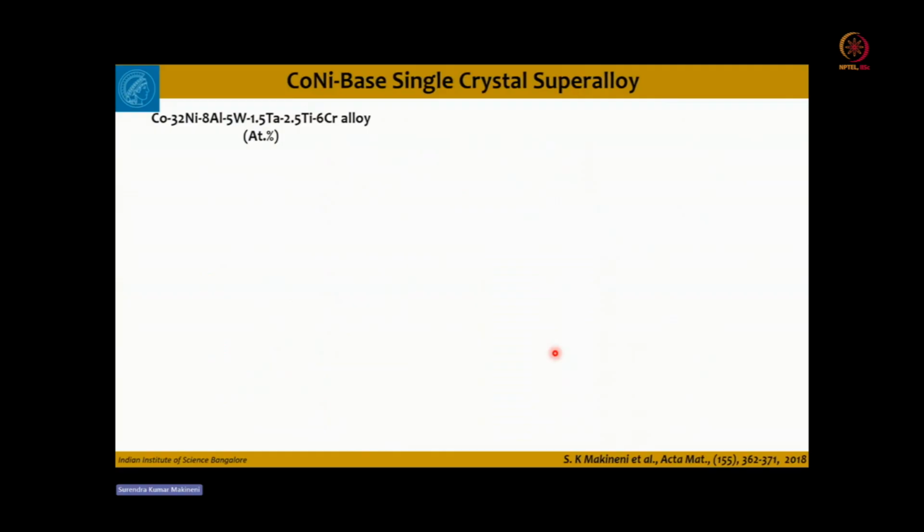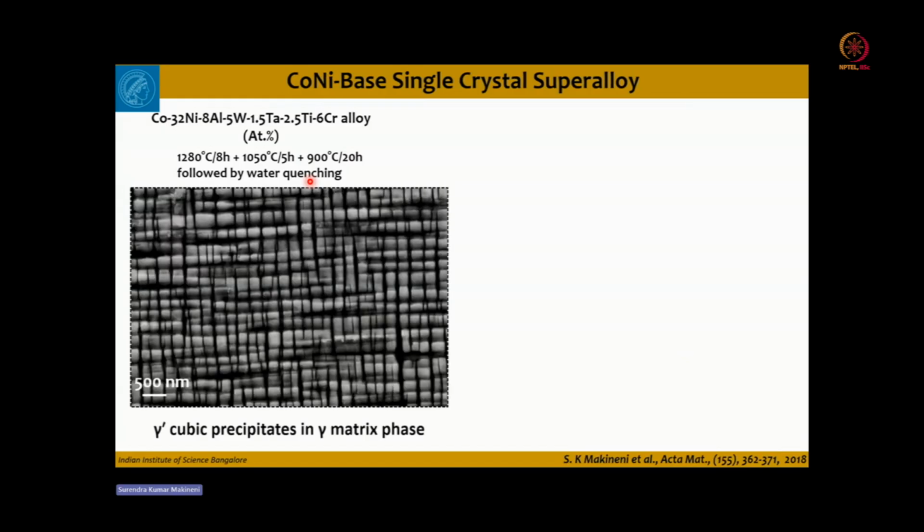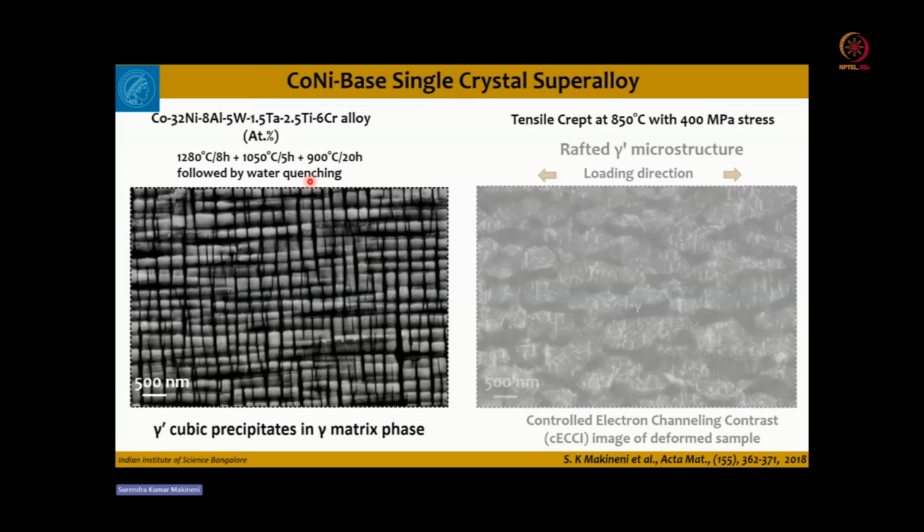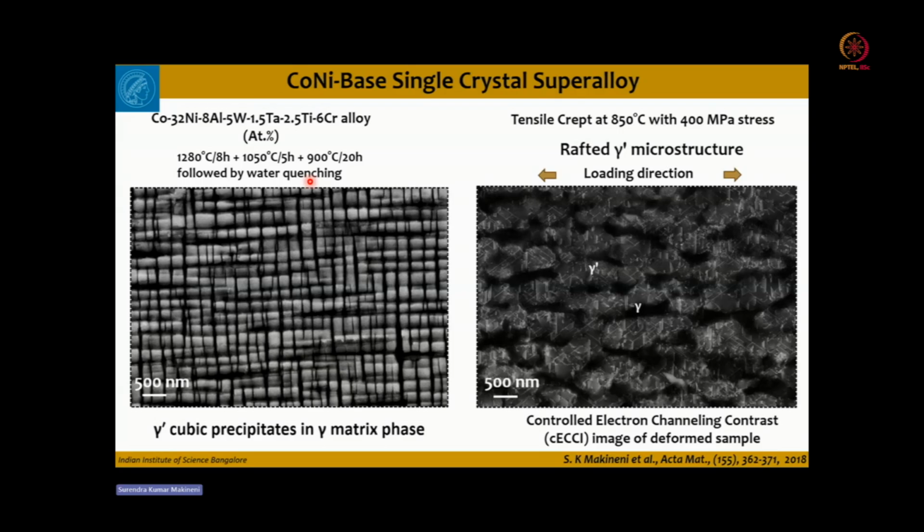With this example, I will give you a multi-component cobalt-nickel based superalloy which has been heat treated by these steps, followed by water quenching. This shows a very uniform distribution of gamma prime precipitates in the gamma matrix. However, after the tensile creep at 850 degrees Celsius with 400 MPa of stress, you can see that these gamma prime cuboidal precipitates have converted to a rafted structure.